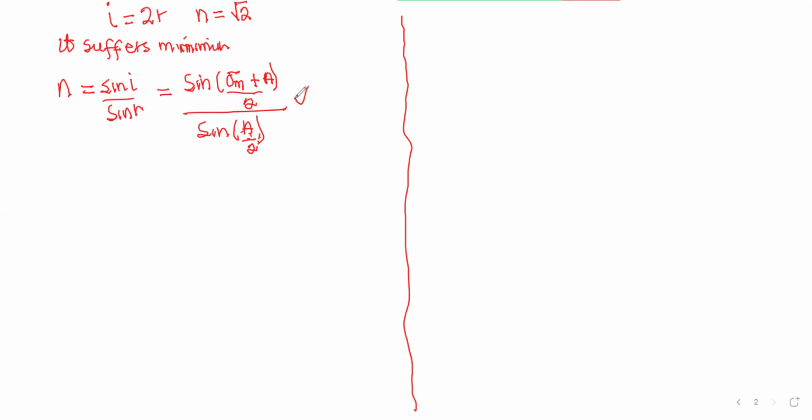We use this equation at the minimum deviation.